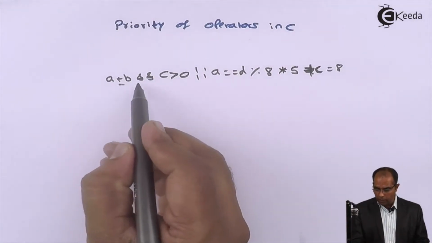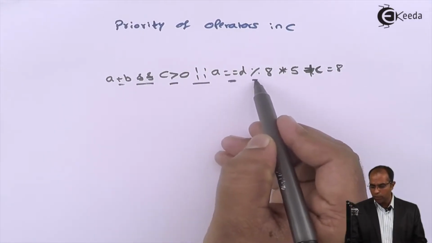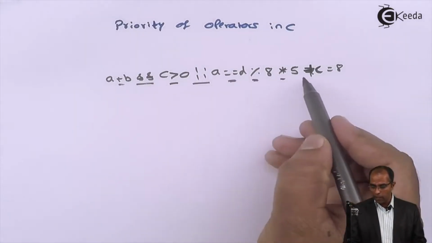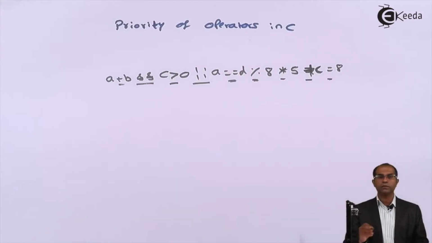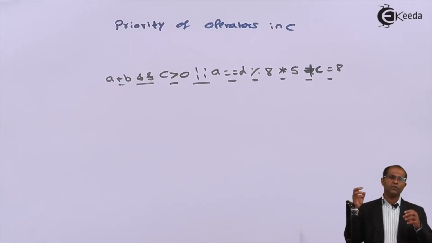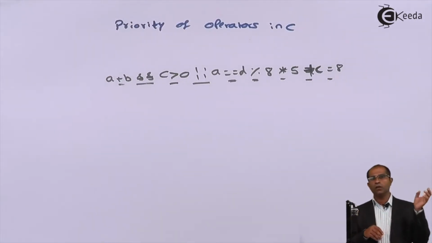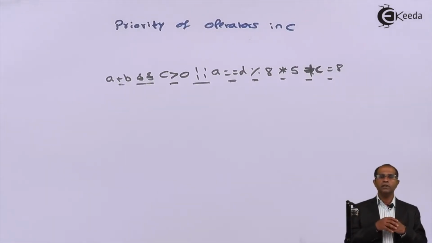Here I have an arithmetic plus, logical and relational greater than or equal to, the modulus operator, multiplication, again addition and the assignment operator. This expression is a combination of all the operators we have seen in the past: arithmetic, relational, logical, assignment.